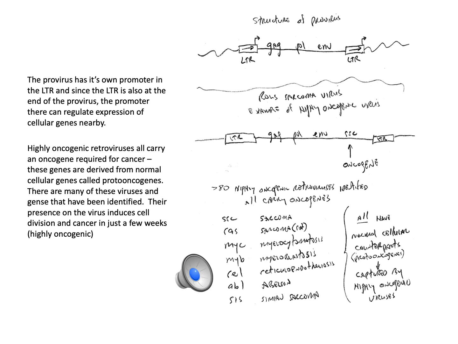So normal cells have a gene that looks very much like SRC. Normal cells have genes that are RAS. Normal cells have a gene called MYC. So all of these genes that the retroviruses have are present in normal cells.